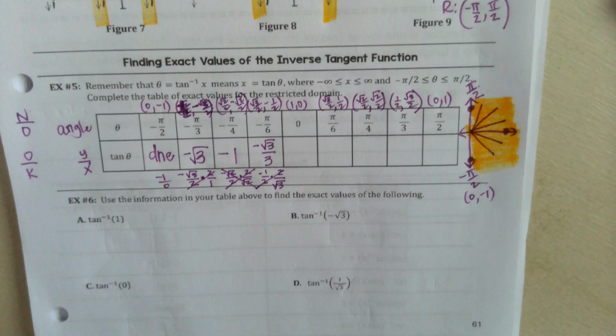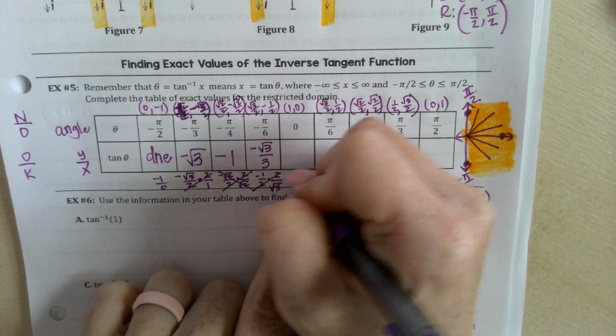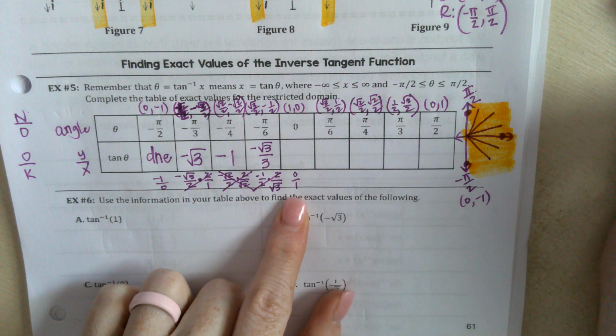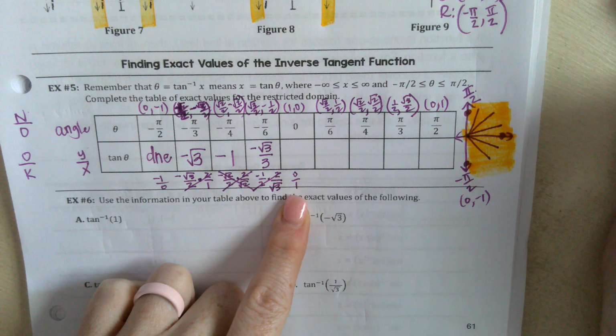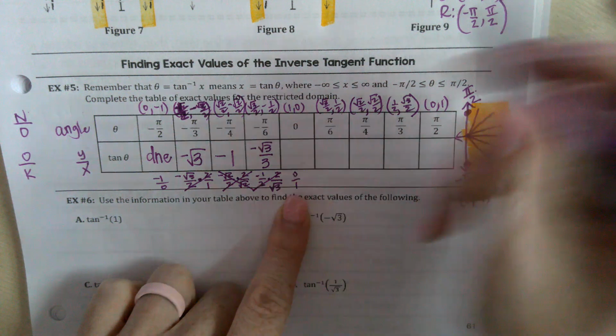Okay? All right. Next, I've got 0 divided by 1. Zero.